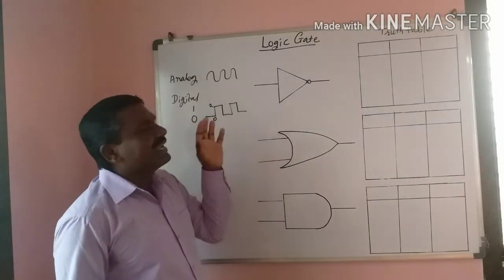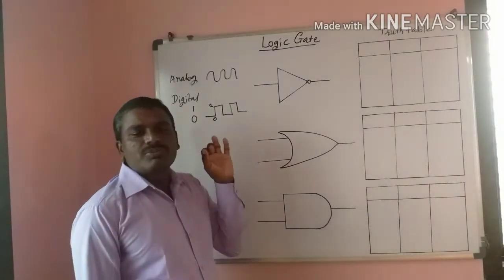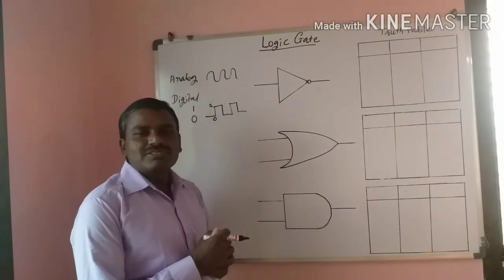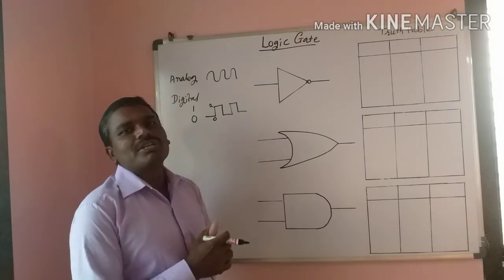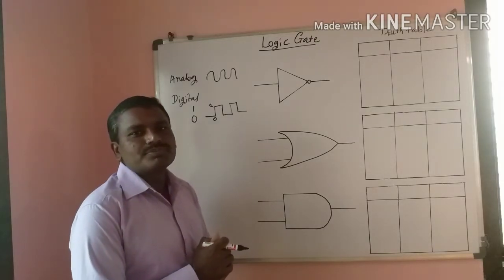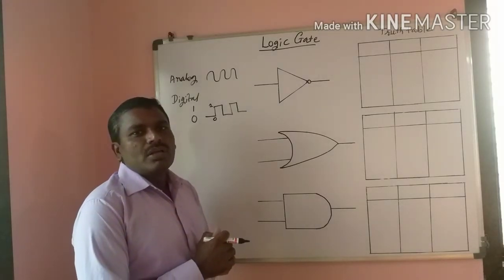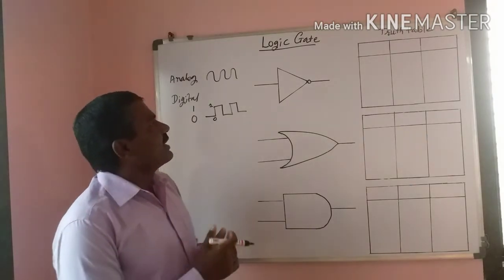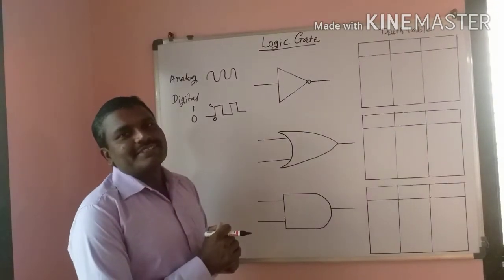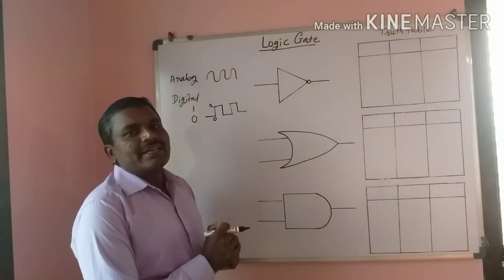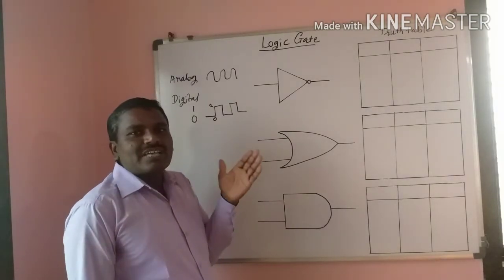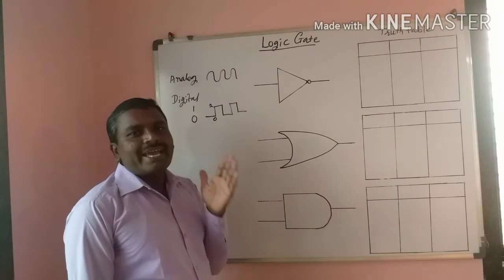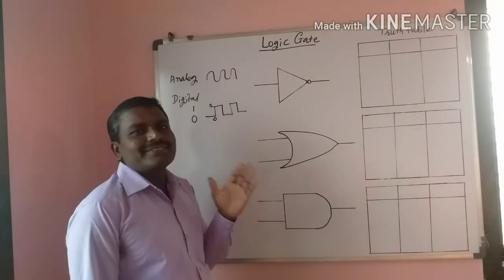This logic gate is nothing but a switching circuit in which there is a relationship between the input and output. If we consider this logic gate, its output is either low or high.